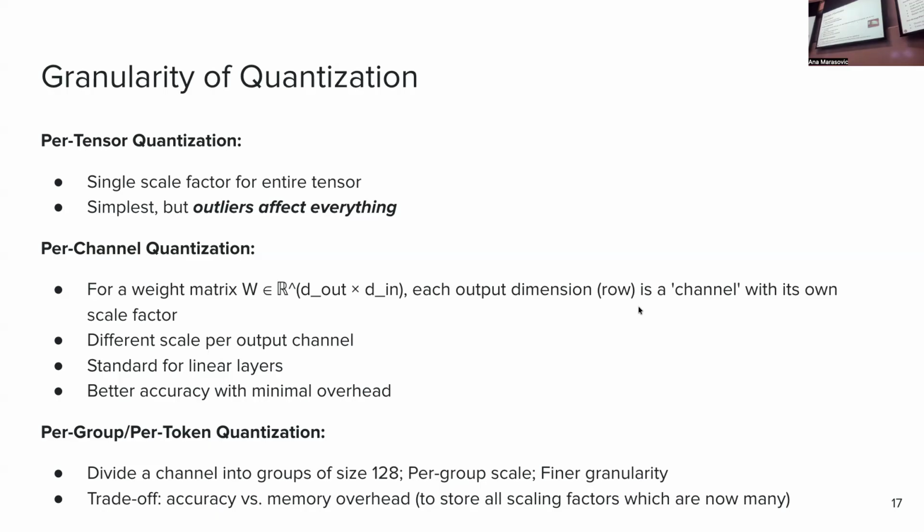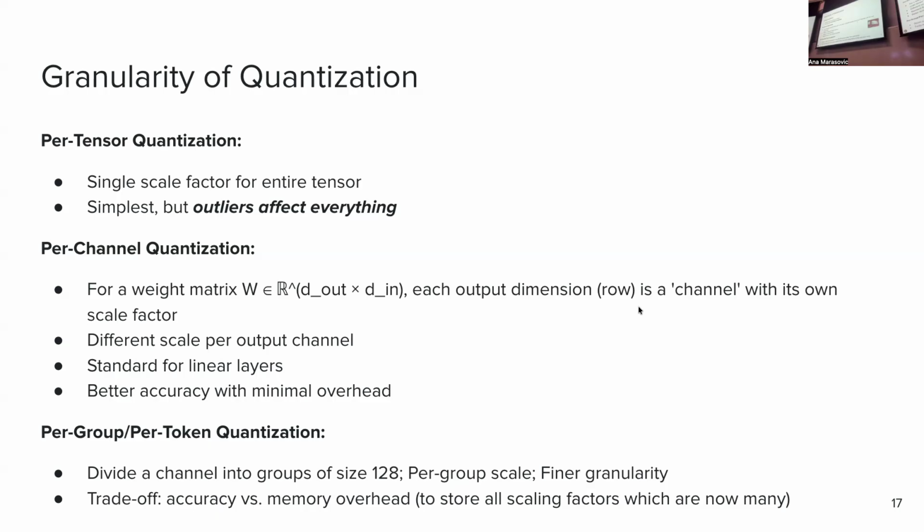You take a segment of size 128. So now you get 4,000 divided by 128 smaller intervals within a row, and for each one of them, you compute the scaling factor and do a separate scale.